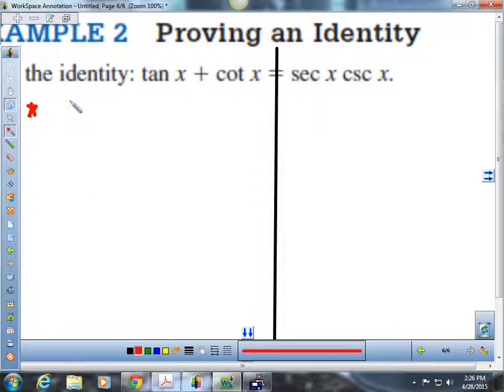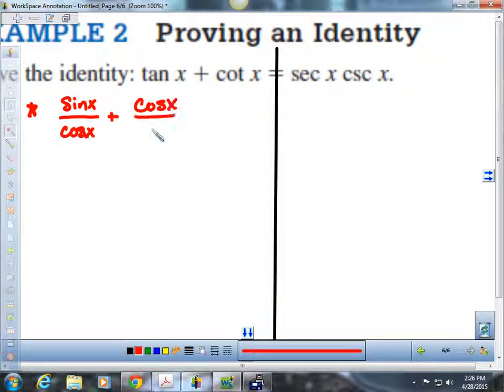So my first step, sine x over cosine x plus cosine x over sine x, right? Well, I can't add fractions unless we have a what? And what would that common denominator be? Cosine x, sine x. So does this one already have the cosine x? Yes, it just needs the sine x.